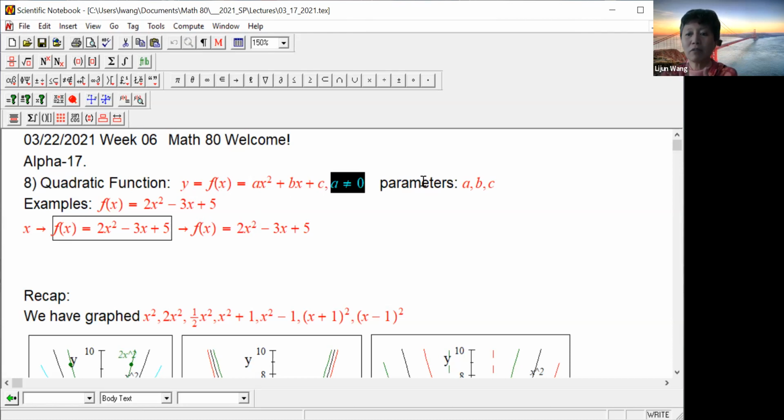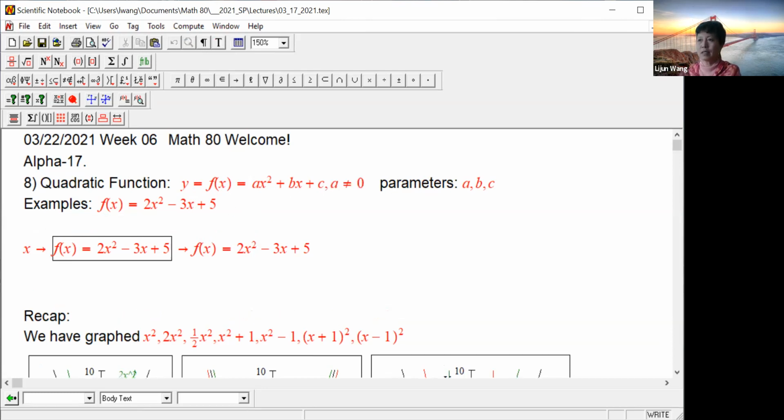So we're going to come up with a school of functions. For each different set of a, b, c, you're going to have a new rule. For example, in this case, we set a equals 2, b equals -3, and c equals 5. We got a rule.